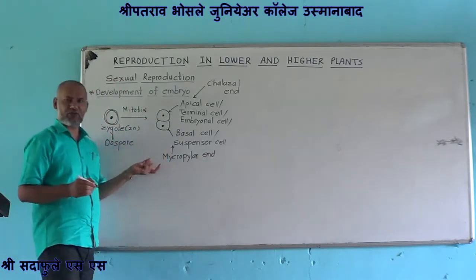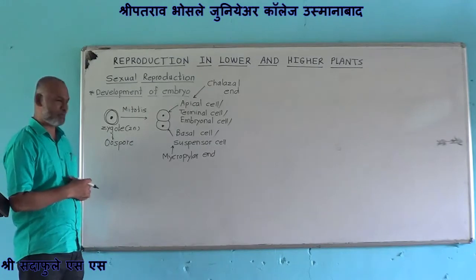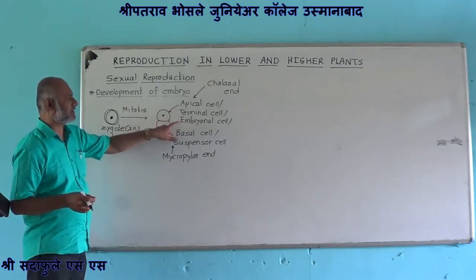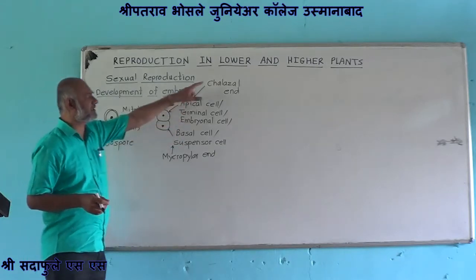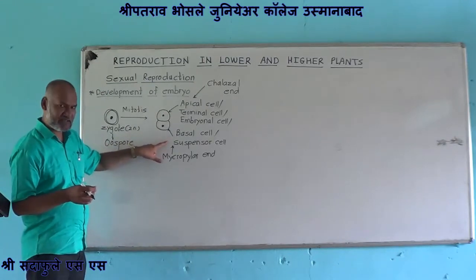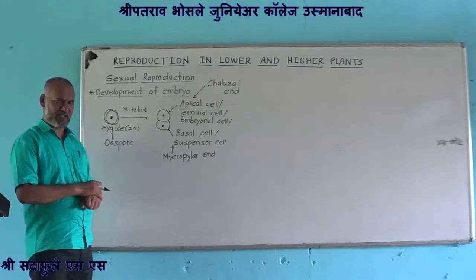We know in an ovule there are two ends, the chalazal end and the micropylar end. Out of these two cells, the apical cell is present towards the chalazal end, while the basal cell is present towards the micropylar end.